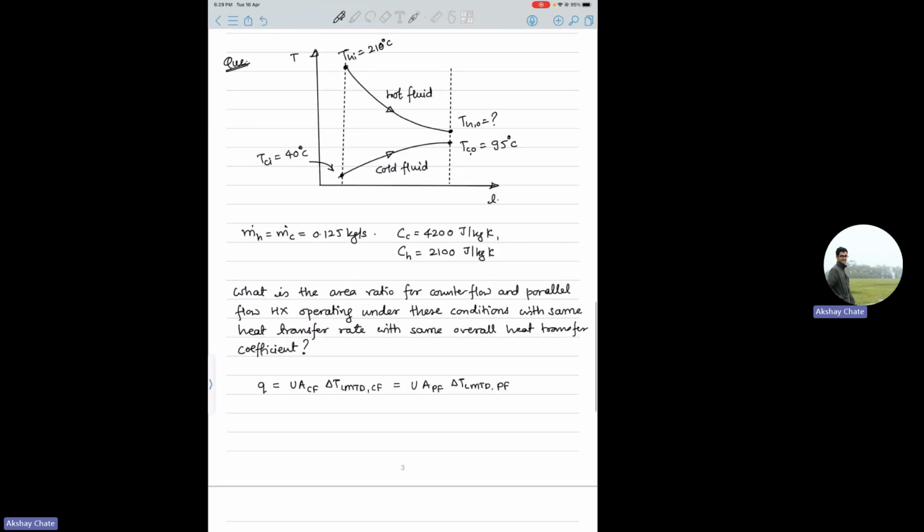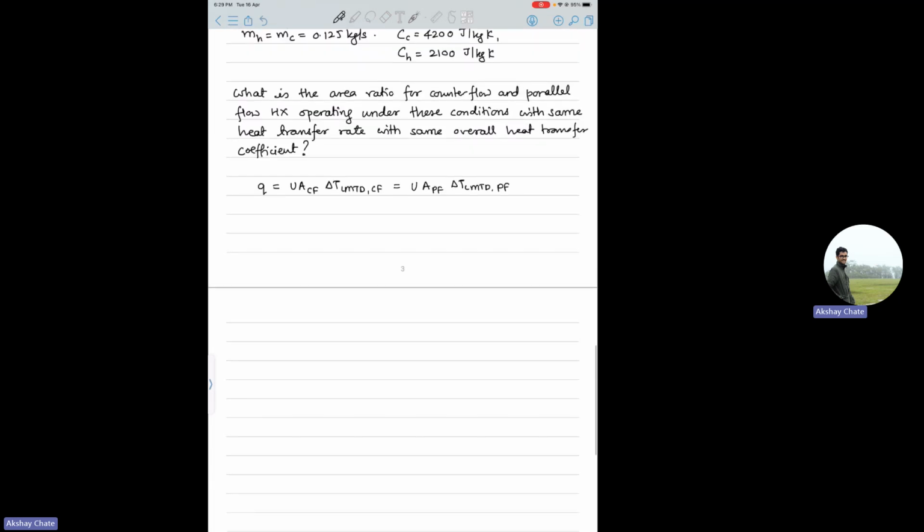Here only 3 temperatures are known, the 4th is unknown, and typically we use energy balance, assuming no losses to surroundings. You can apply the overall energy balance.